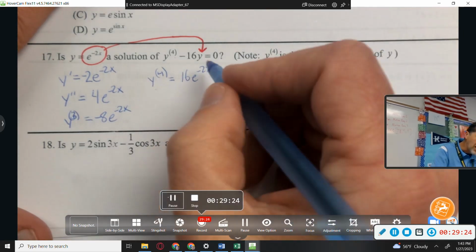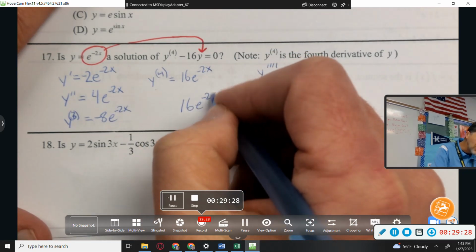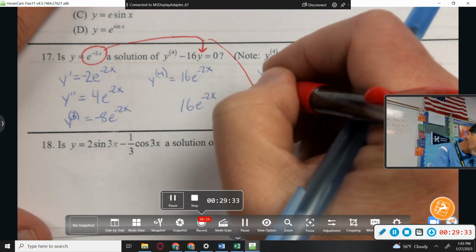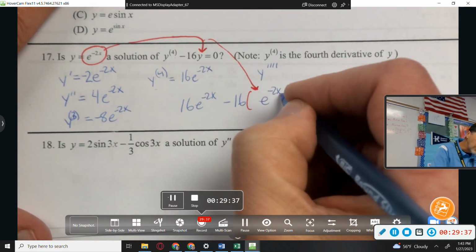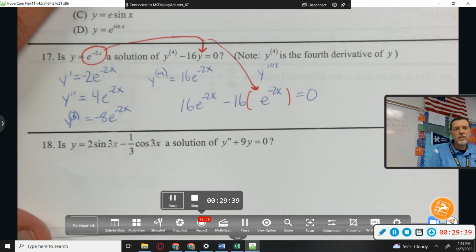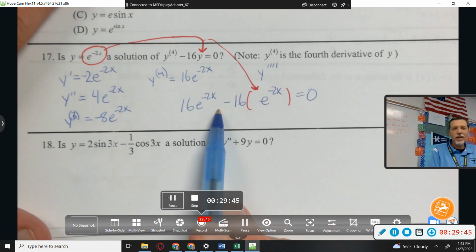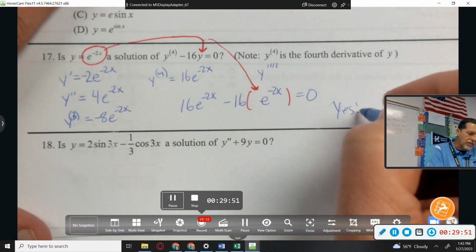All right, so y to the fourth is 16 e to the negative 2x minus 16 e to the negative 2x equals 0. And the question is just yes or no. So is this true? Yes, that's 0. So the answer is yes.